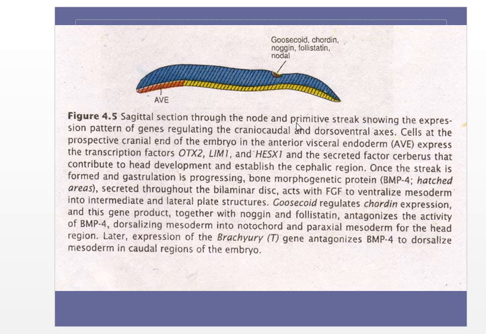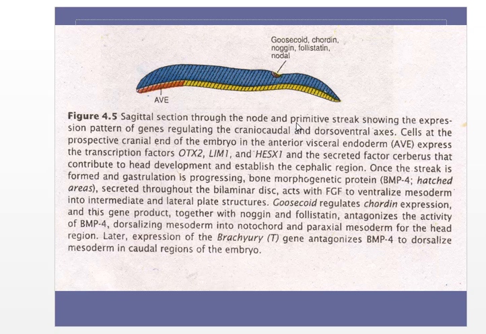In conclusion, when we have a high concentration of BMP4, the ventral body wall is formed, and when we have a low concentration of BMP4, as a result of expression of transcription factors like chordin, noggin, follistatin, the mesoderm in this area makes the vertebral column.